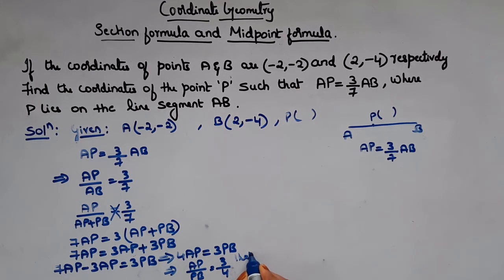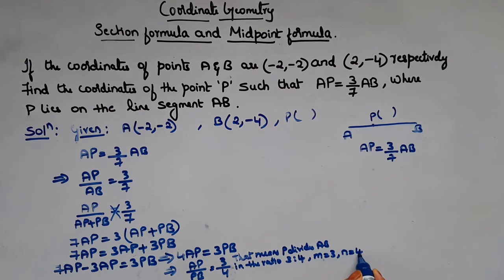That means P divides AB in the ratio 3:4. Here m is 3 and n is 4.